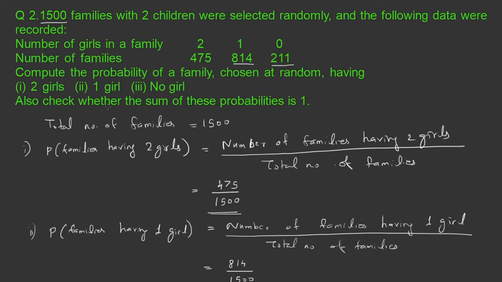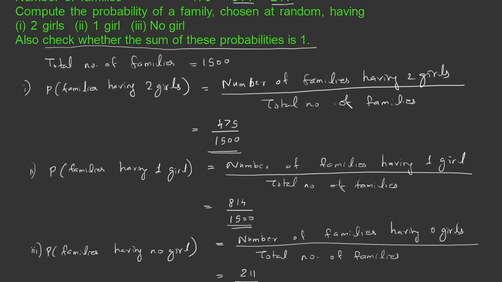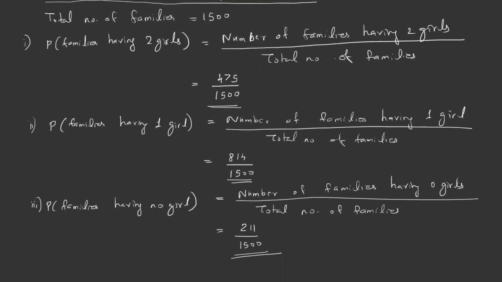Now, the last part of the question is to check whether the sum of these probabilities is 1. That is, we need to add all these probabilities. Let me take this as probability of E1, this is probability of E2 and this probability of E3.